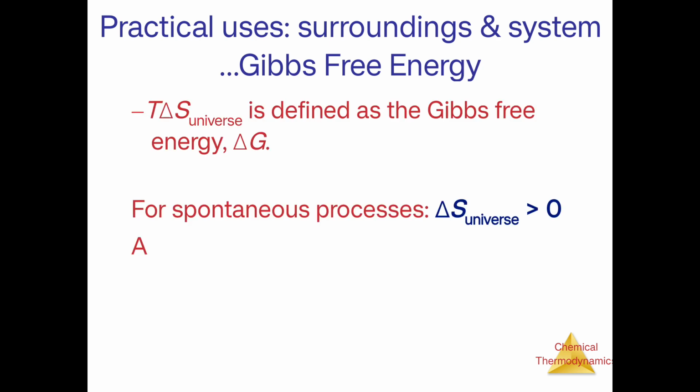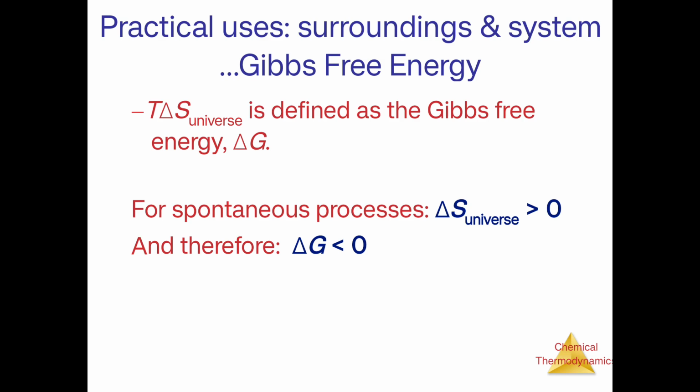So the Gibbs free energy is defined as the product of the isothermal temperature along with the change in entropy of the universe. As we are well aware, as I already mentioned, for spontaneous processes the change in entropy of the universe is greater than zero.